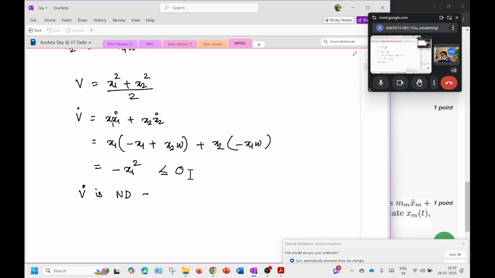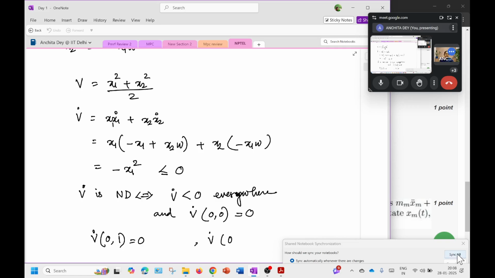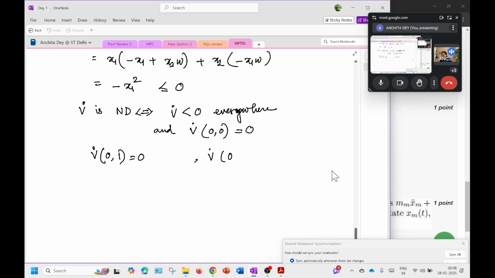So let me just write it down. Only when x1, x2 are both 0, we should have the function's value be 0. And other than that, everywhere else, the function should be negative, right? But here, V dot of 0 comma 1 is also, let's not write less than 0, it is equal to 0 in fact. And then V dot of 0 comma 2 is also equal to 0.